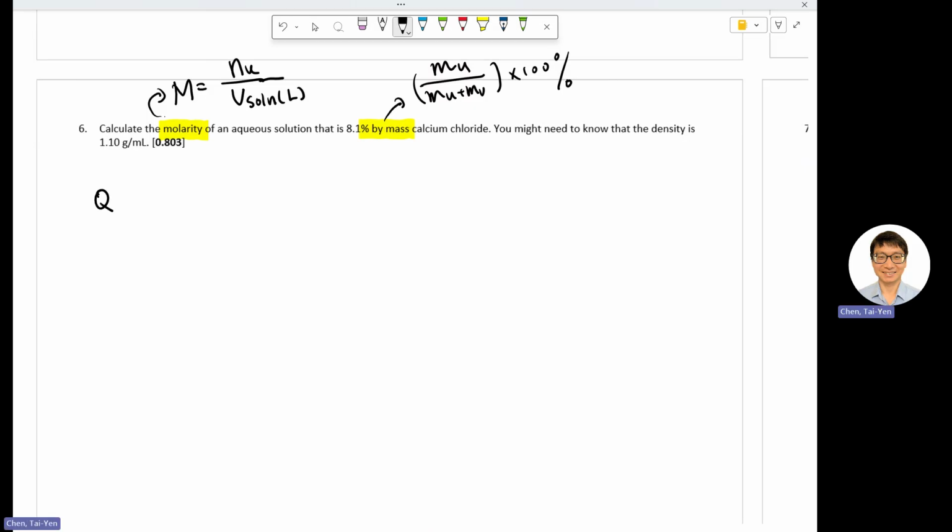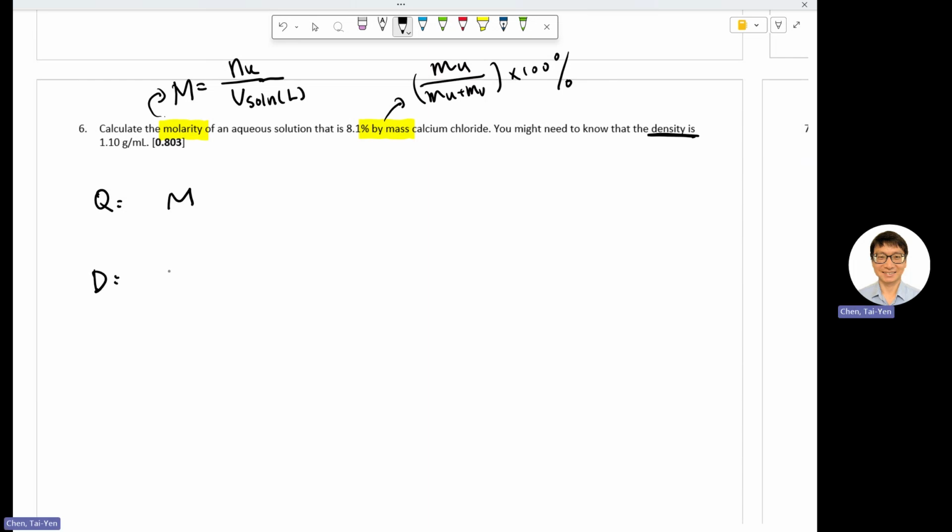So apparently you want to calculate your molarity. Okay. And here you also mentioned the density, right? Should you use the information of density in this calculation? Yes. Okay. Every time you have a term called molarity, you are going to use the information of density. Okay. So let's write out the data that we have.